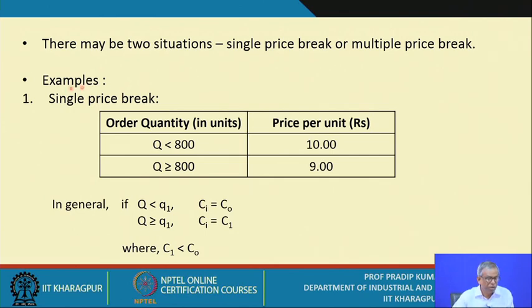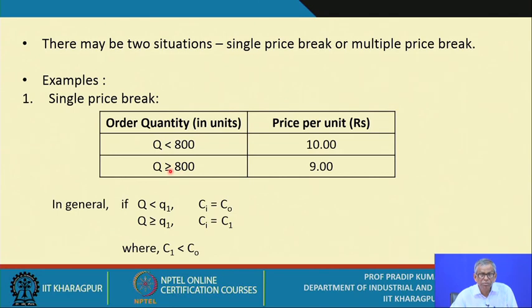I'll just cite examples so that your understanding will be appropriate. In a single price break, suppose the order quantity is less than 800. You are offered a price per unit rupees 10.